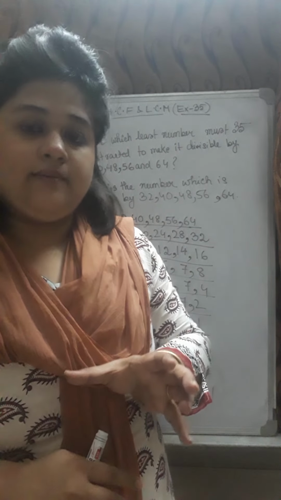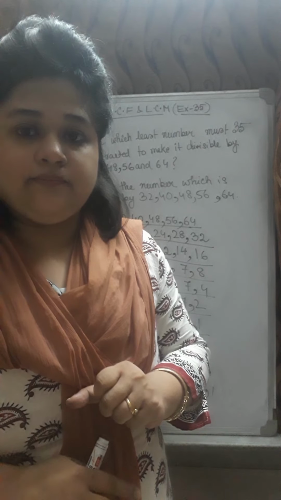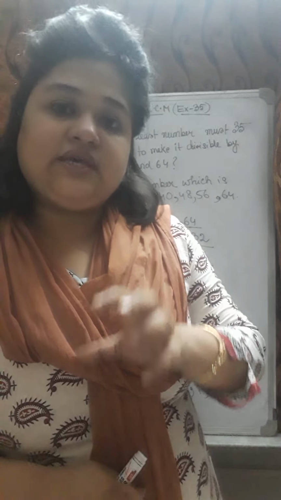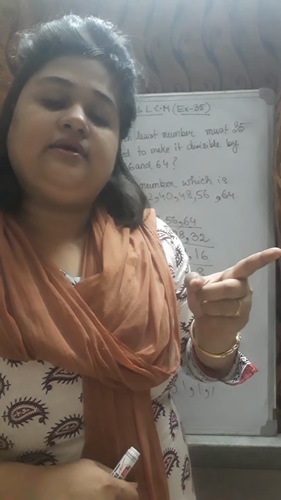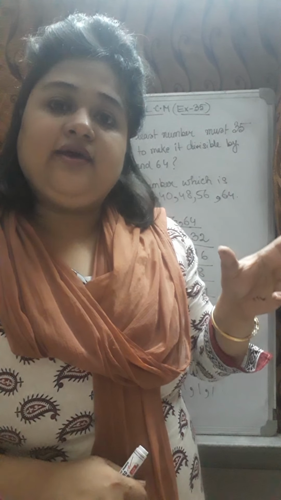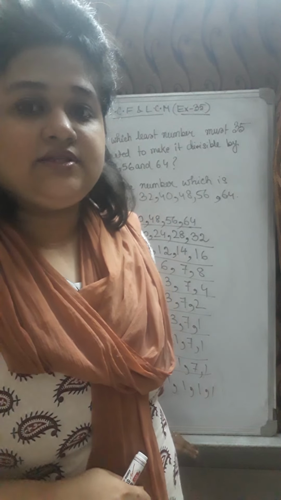Now we know the number which is divisible by all these numbers, that is its LCM, 6720. So with 6720, if we add 35, we will get that particular number from where, if we subtract 35, we get this number.